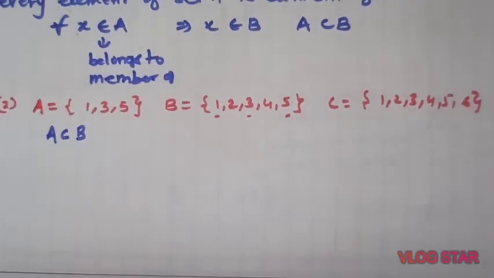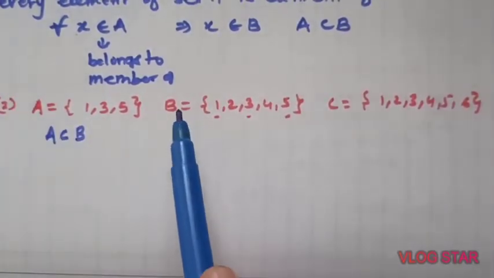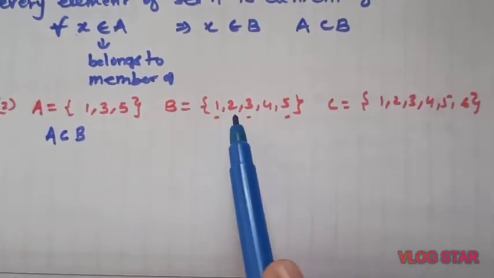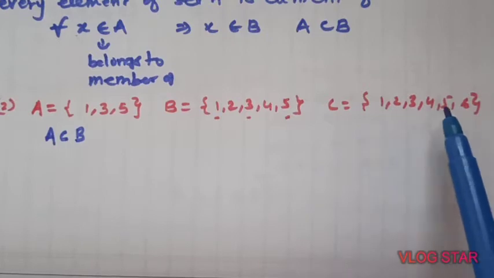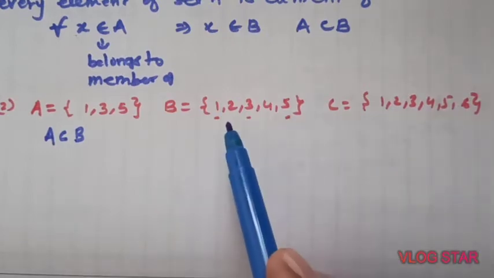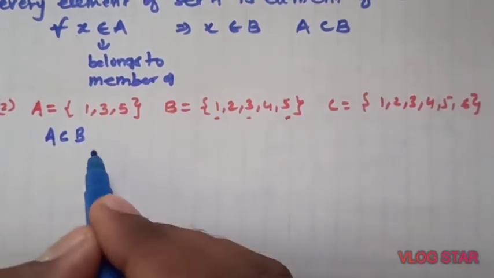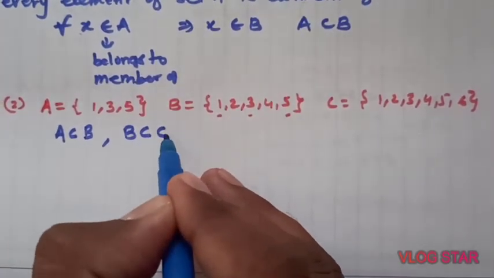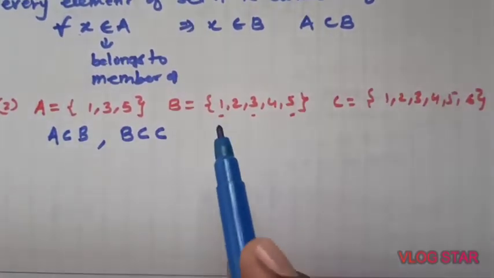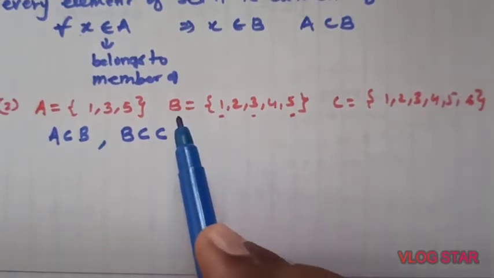Now we'll check whether B is a subset of C. 1, 2, 3, 4, 5. Are they there in C? Yes, all members of B are also members of C. So I can say B is a subset of C. Now look here.